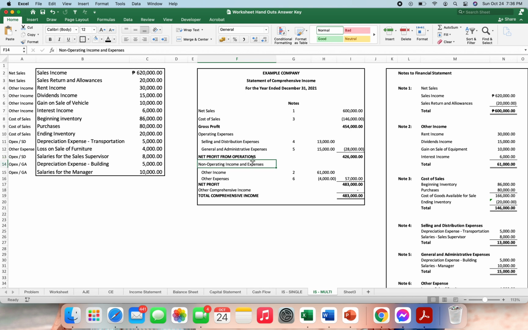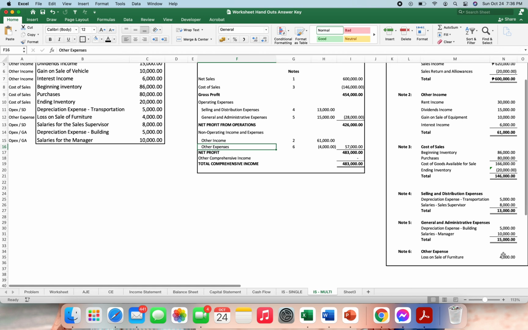So, we also have non-operating income and expenses that we incurred or gained while we are in the business. Okay? These are the income or expenses that have nothing to do with the operations itself, but they arise as income or expense. So, we have other income and other expense. Other income, this is it. Then other expense, this.